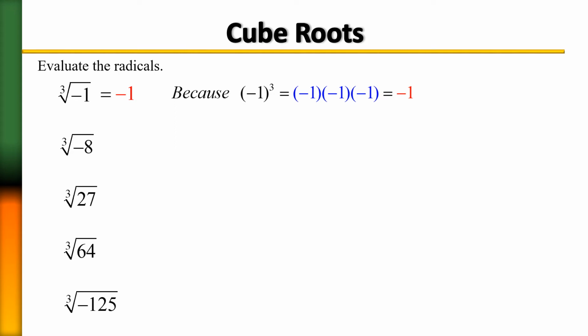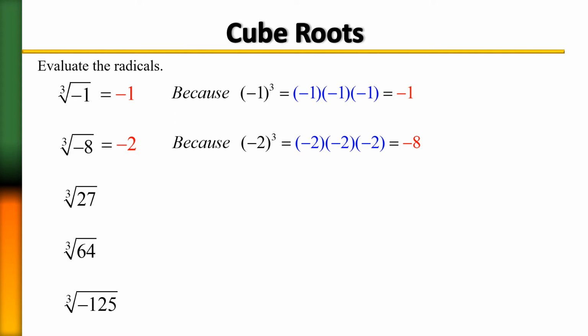What is the cube root of -8? Again, I want to ask myself, what number, when I multiply it 3 times, will equal -8? And that number is -2. Because if I multiply the number -2 3 times, I'm going to get -8.